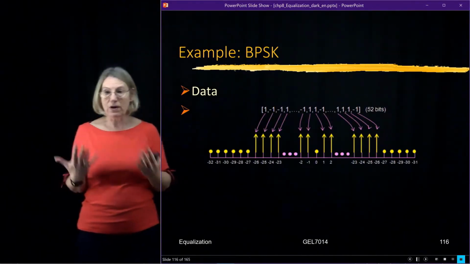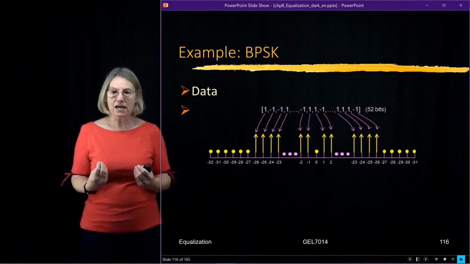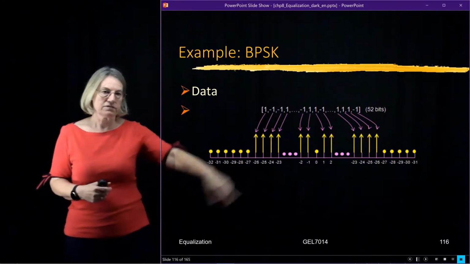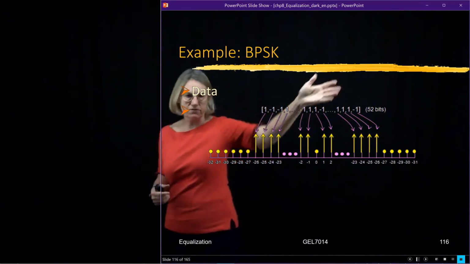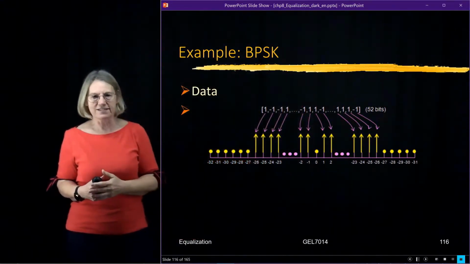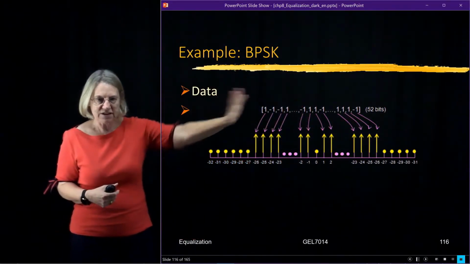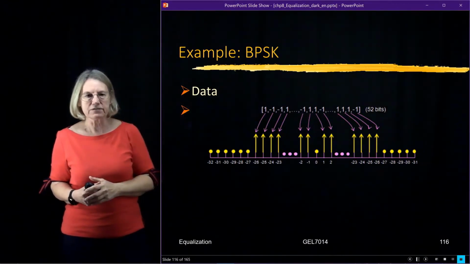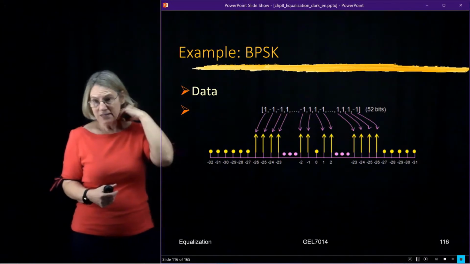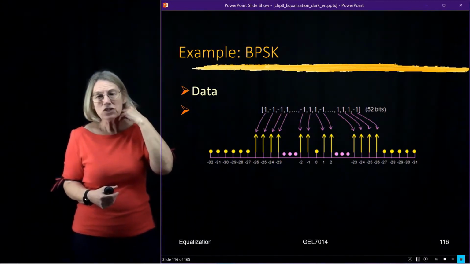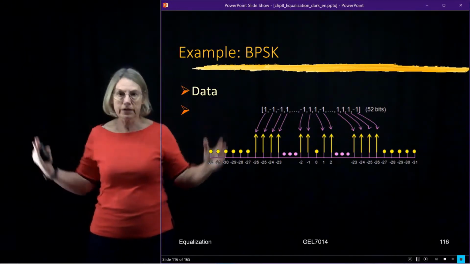So we have data we want to transmit. And the data, a stream of, let's say this is the binary case. Here I have a stream, 52 bits for the 802.11 standard. And I'm assuming that I just have binary keying now, so make it really, really simple. And I take this stream and I break it up, and I don't think of each one as going on the total frequency domain.